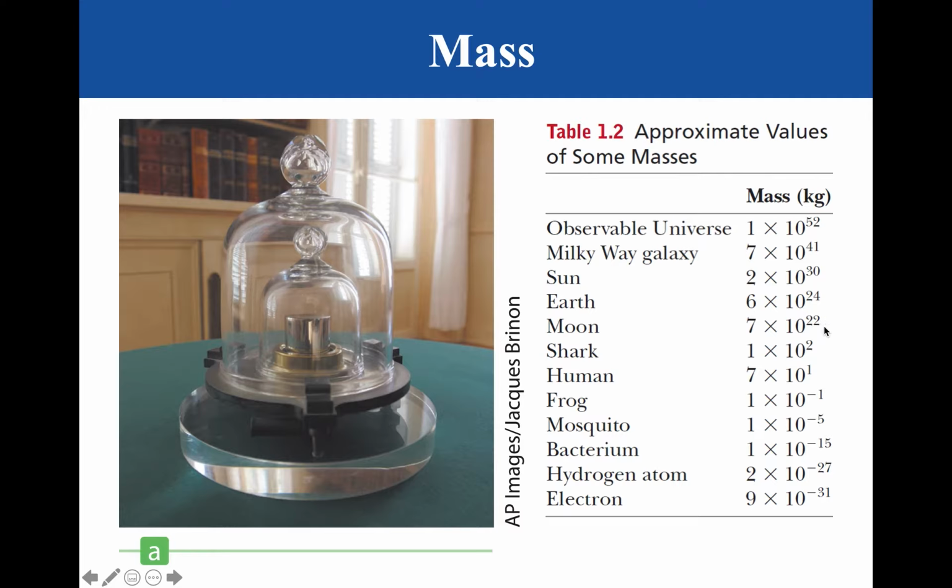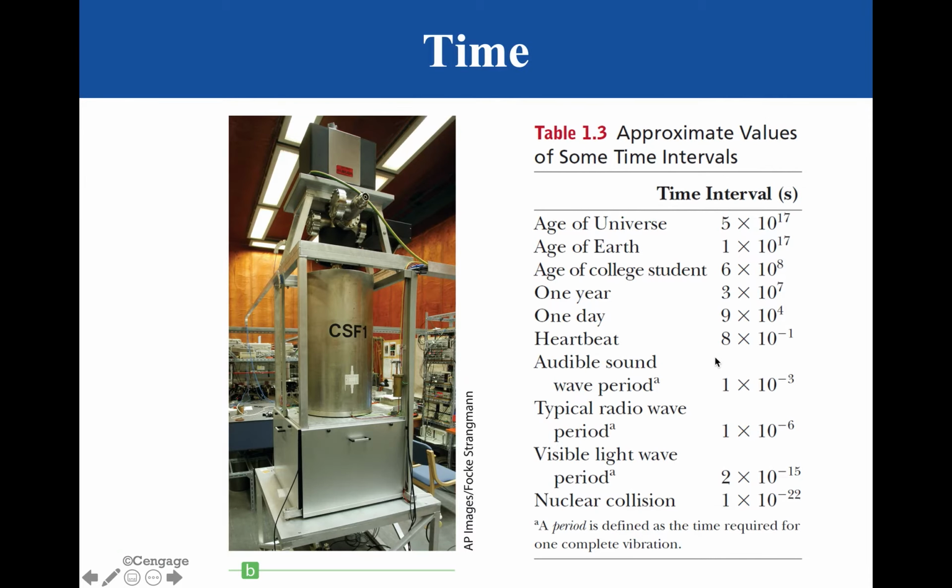The Moon is about 20 orders of magnitude more massive than a shark, etc. Okay? And the last fundamental unit, after length and mass, is time, and our fundamental unit of time is the second. Again, each one of these values is just giving you a sense of scale.